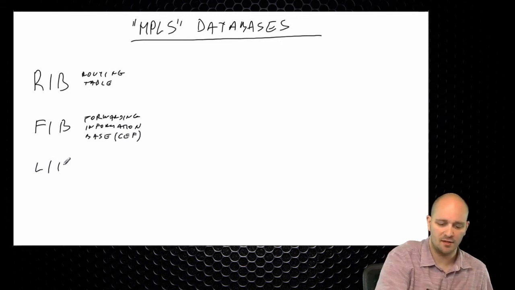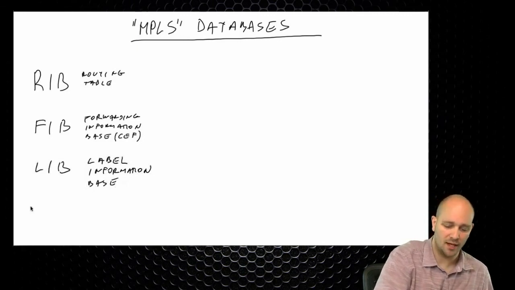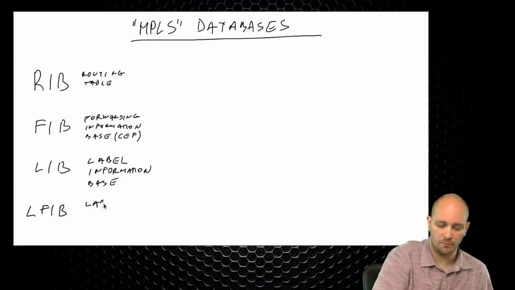Then we have something called the LIB, which is the label information base. And we have something that is called the LFIB, which is the label forwarding information base.